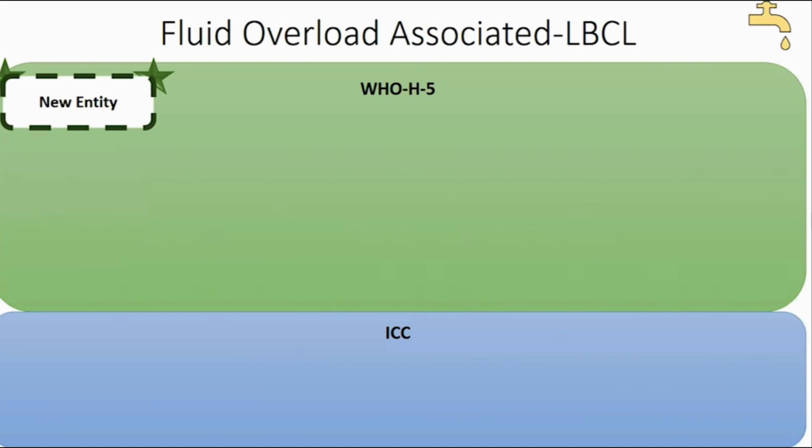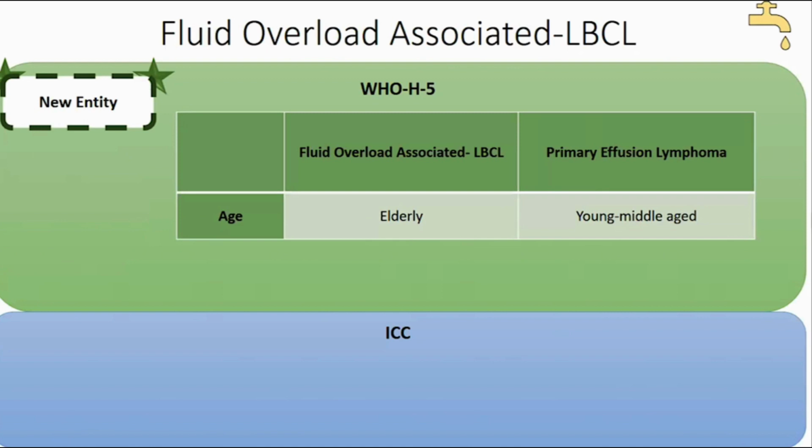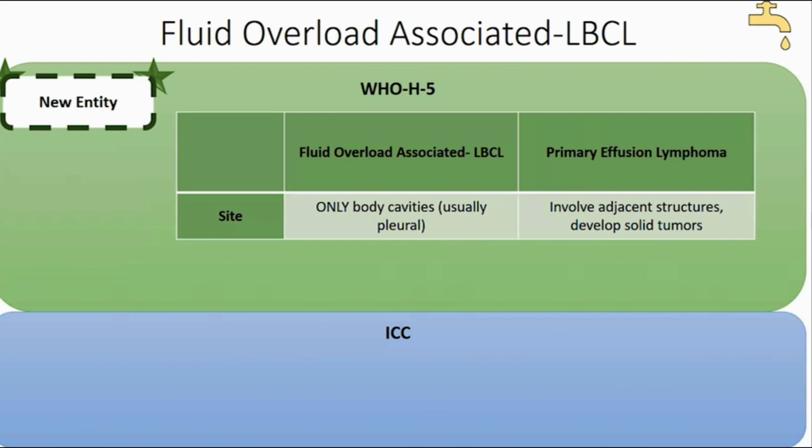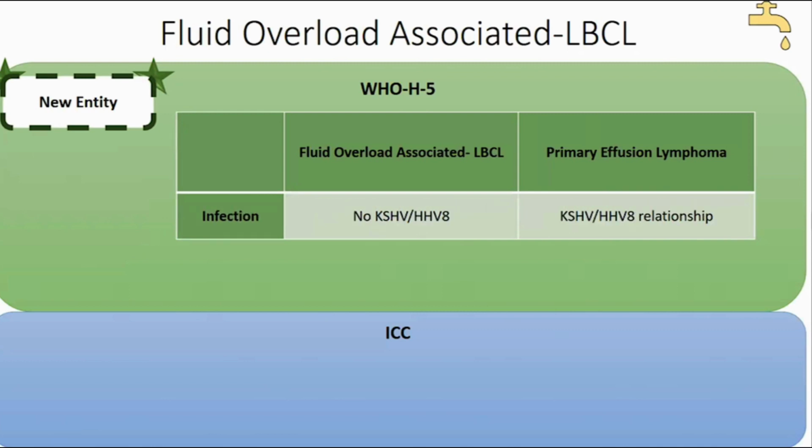And ultimately, comparing this to the primary effusion lymphoma, it is very different. Here, cases with fluid overload association are mostly seen in the elderly. They occur only in body cavities, mostly pleural space, and don't really develop solid tumors.